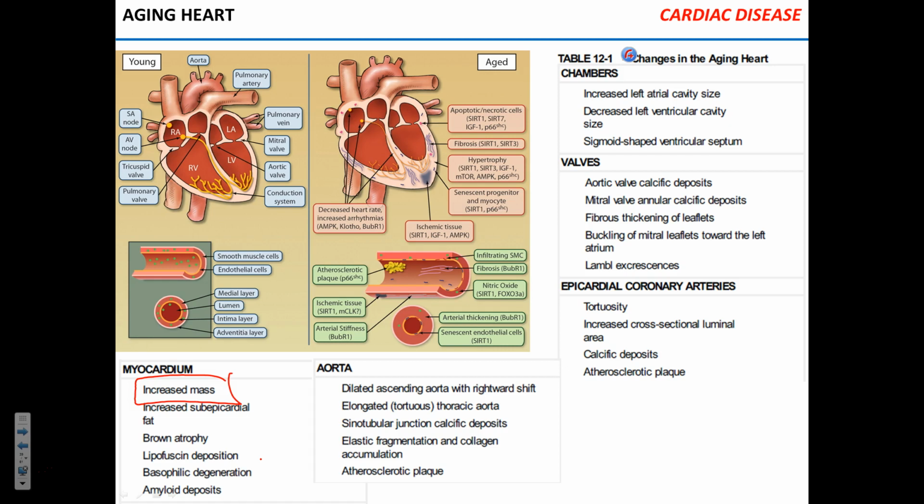Why does it become thicker? Give me your ideas about it. As people get older, their average blood pressure goes up, so they need larger myocardium. Exactly. Usually, blood pressure in the elderly normally goes up, and the myocardium will respond by increasing its thickness because it has to work against the larger, higher afterload.